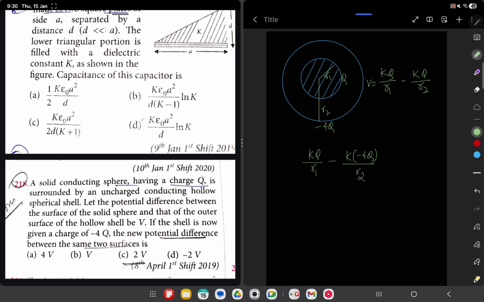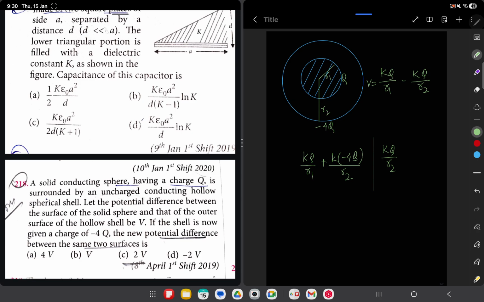Now we need to find out the potential. For this q, potential at this point will be kq by r1, and for this minus 4q, the potential at this point will be k into minus 4q by r2. For this q, potential at this point will be kq by r2.